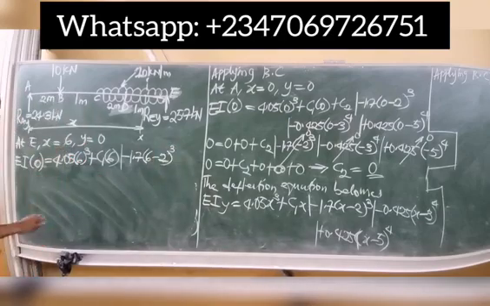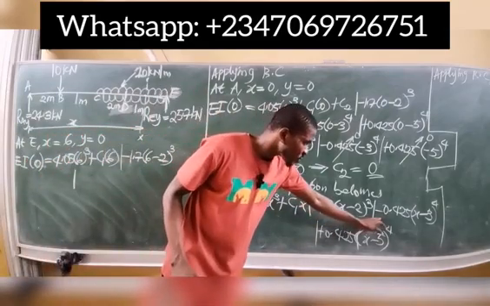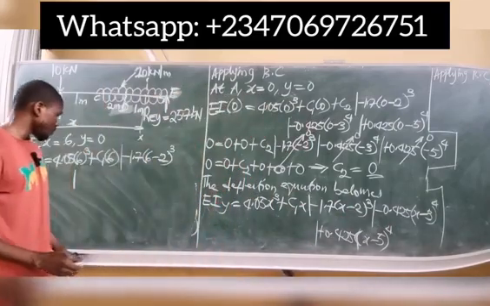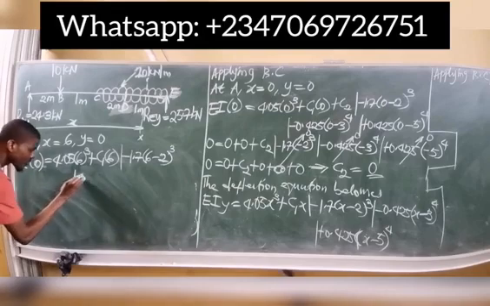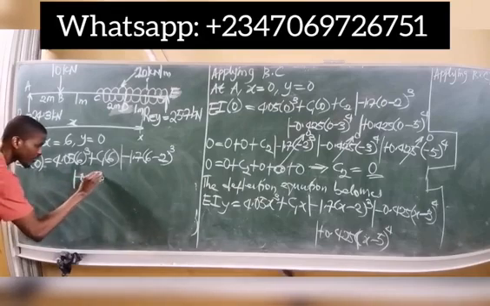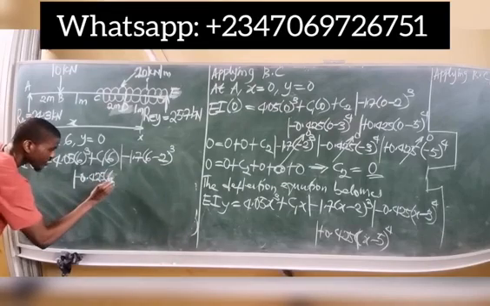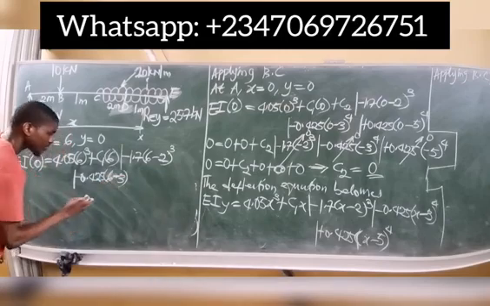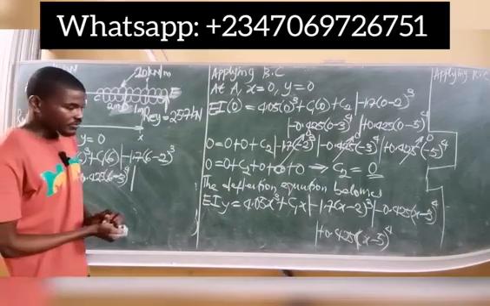Okay, put down your second Macaulay's bracket. We have here minus 0.425 into x minus 3. So we simply have minus 0.425 into, in place of x, sorry, x is 6, it becomes 6 minus 3 to the power of 4. Put down your final Macaulay's bracket.